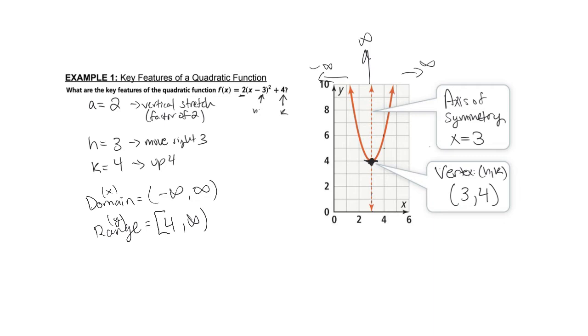Our last thing I want to introduce, because we'll see this, is we either are going to have a max y value or a minimum y value. So max, highest y value, minimum, lowest y value.